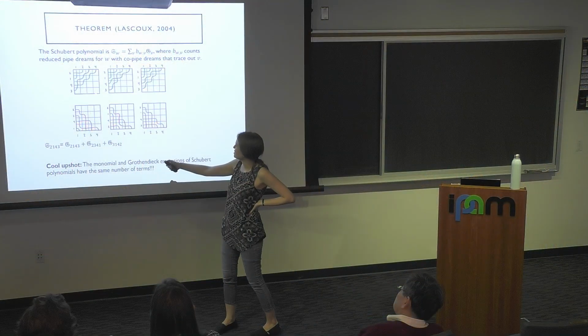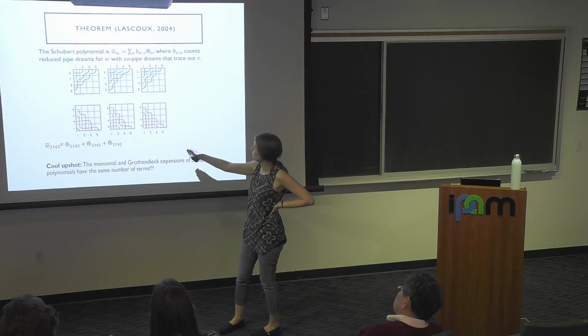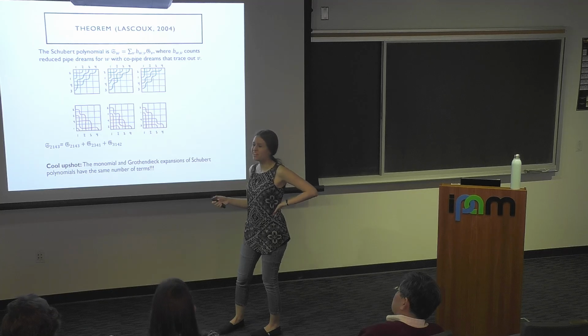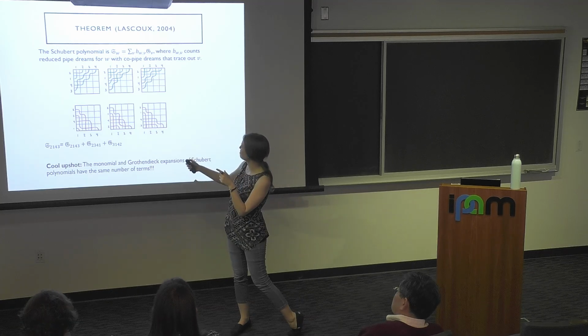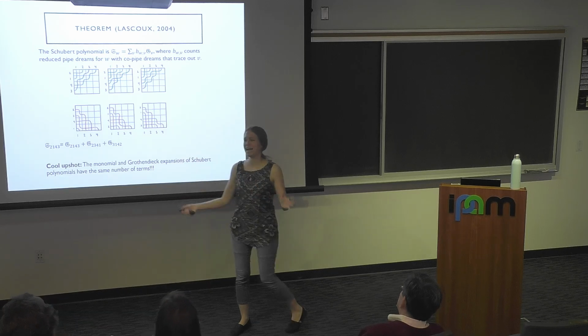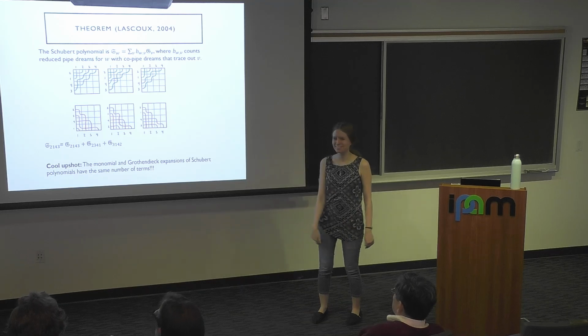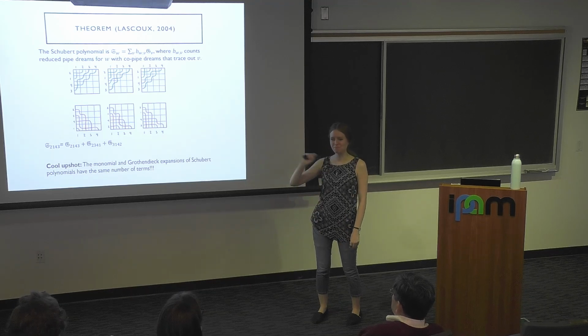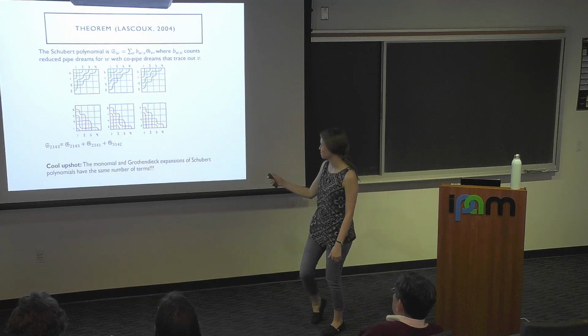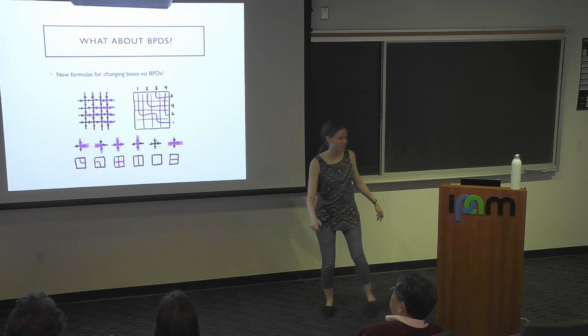Here, I'm saying there are 3 monomials in this Schubert polynomial, and there are 3 Grothendieck polynomials in this sum. No, that's not how the Schubert polynomial formula works. We just sum over reduced pipe dreams to get the Schubert. But there are too many polynomials, and mathfrak S and mathfrak G look too similar. People tend to write bars over all the K-theory ones, and maybe that's better. Okay, cool. So that was pipe dreams.